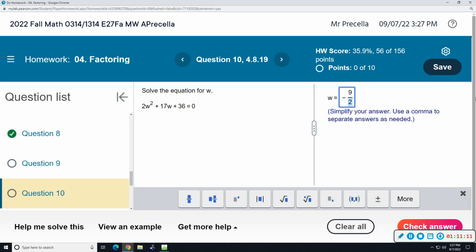I'm going to get out of the fraction and put a comma, I'll go right arrow, then put the comma. The comma doesn't go in the bottom of the fraction. It goes between the two numbers, the negative 9 over 2 and the negative 4. Pearson doesn't really like mixed numbers. In algebra, it doesn't lend itself. So if you want to write this as 4.5, don't. Just leave it as 9 over 2, an improper fraction.